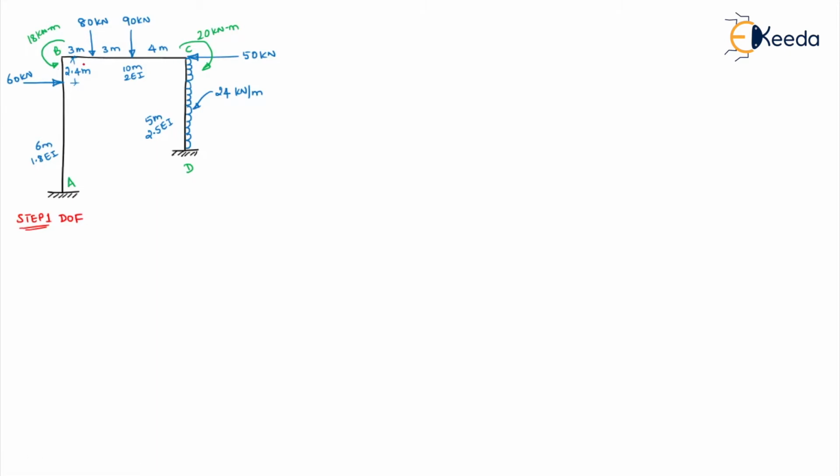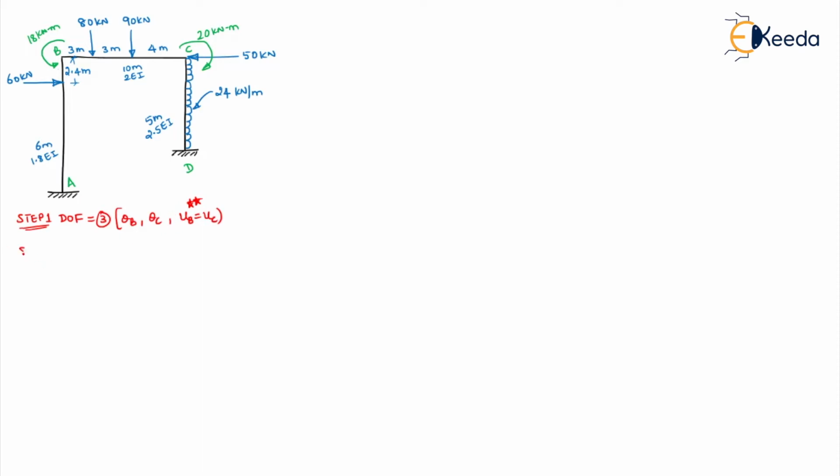However much B moves, the same amount C also will move in either direction when load is applied. So the total degree of freedom will come to 3 in this case. What are those? Theta B, theta C and UB, which is equal to UC. These are the same, that is important. So there are 3 degrees of freedom.